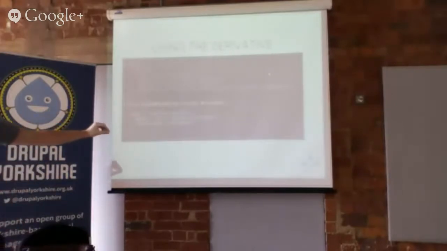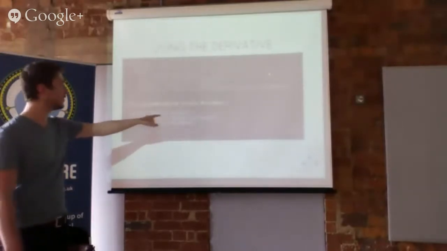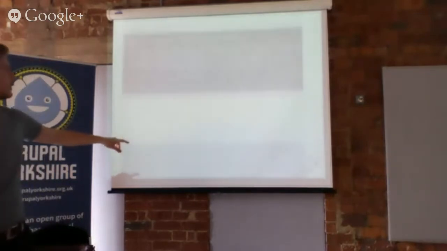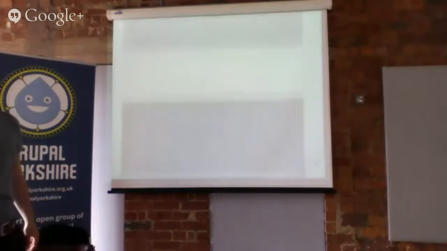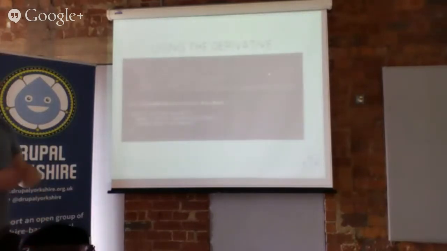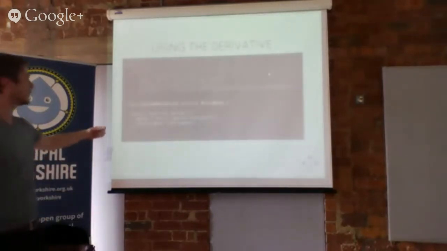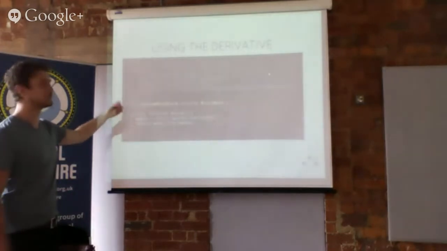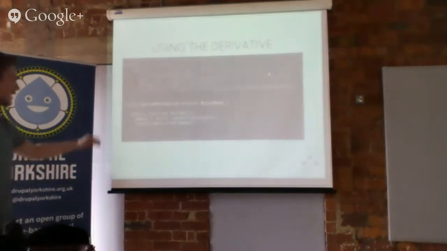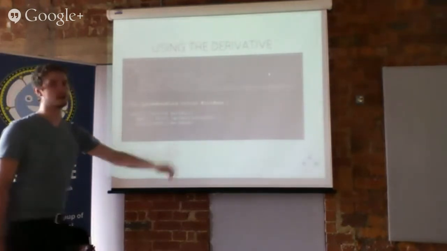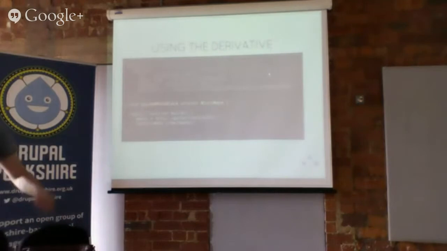So the build method gets the derivative ID, and that derivative ID is this variable here, menu, the machine name of the menu. So that's the difference. For each time this block is displayed, that's what's unique, and that's then used to build the menu tree, and that just returns a render array that can be rendered on the front end of the site. So that's derivatives.